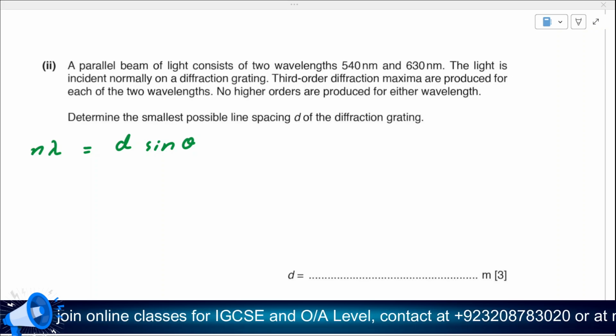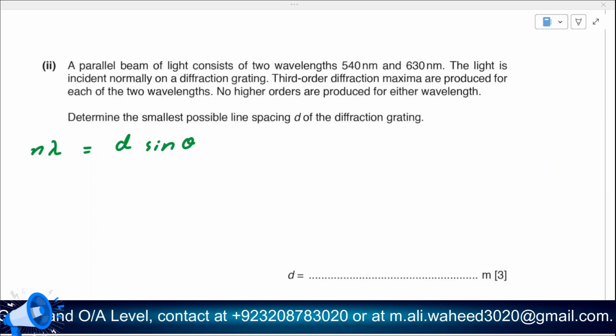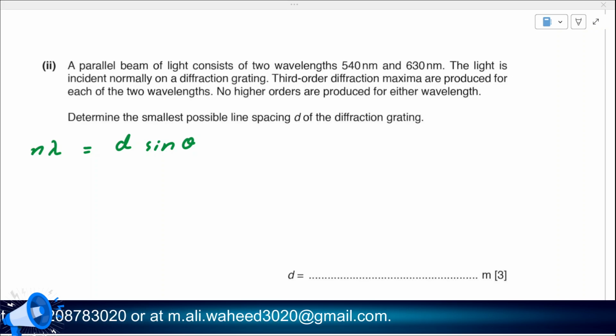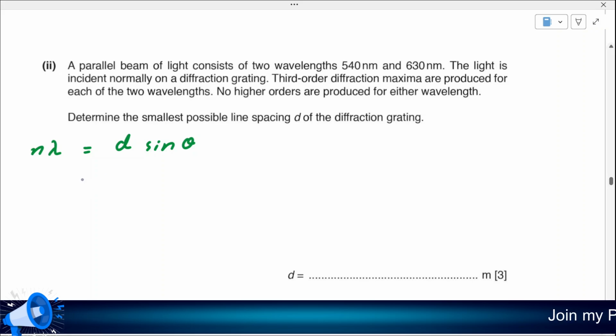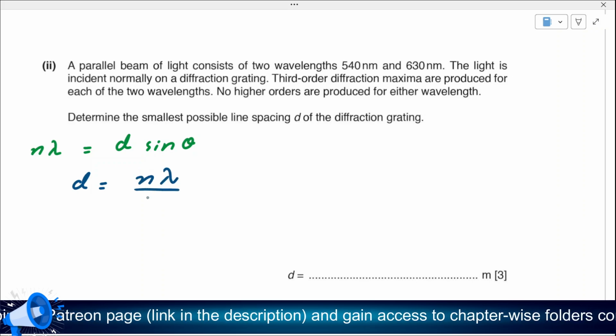What is the situation? Well, if you struggle with it, do it with both the waves. First, find the value of d using the first wavelength, then find the value of d using the second wavelength. This is the standard method. So n lambda equals to d sine theta. I'll make d the subject and d equals to n lambda divided by sine theta.